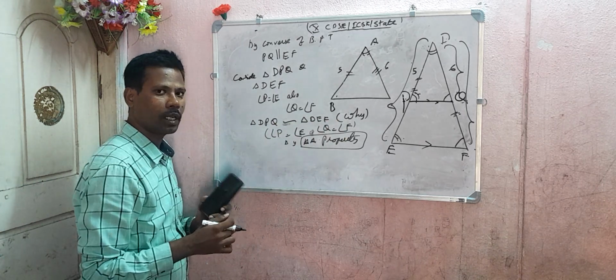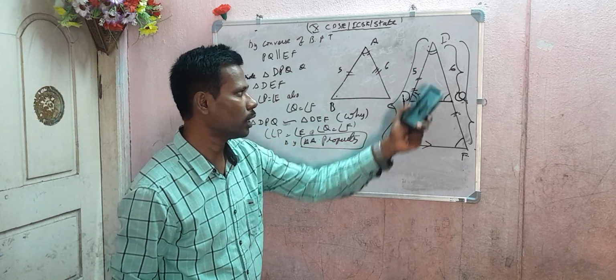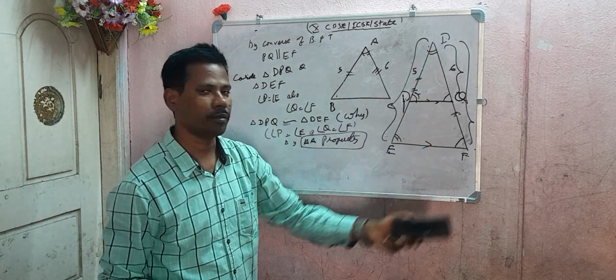Just now I told you, if two angles are equal, the triangles are similar. So therefore triangle DPQ is similar to triangle DEF.